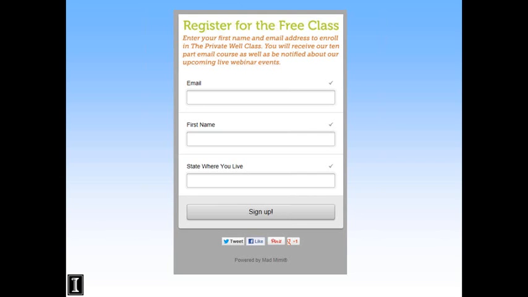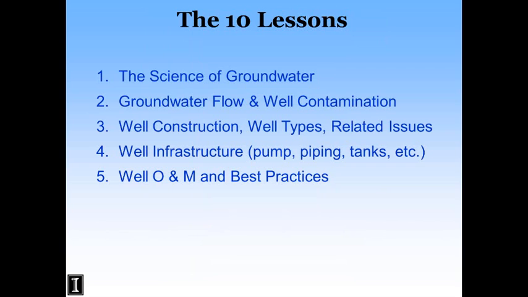That helps us to show EPA that we're reaching the whole country, for one thing, and also gives us an idea of how our partners are doing and where folks have a need. Once you click sign up, you'll receive a welcome message, and then the first lesson and a pretest, and then the next will show up a week later, as I mentioned.